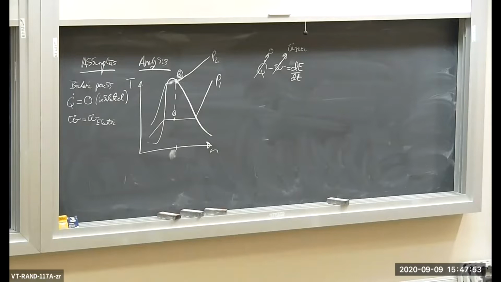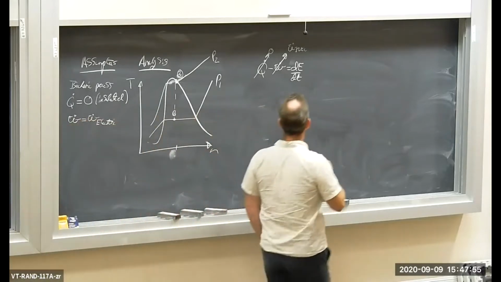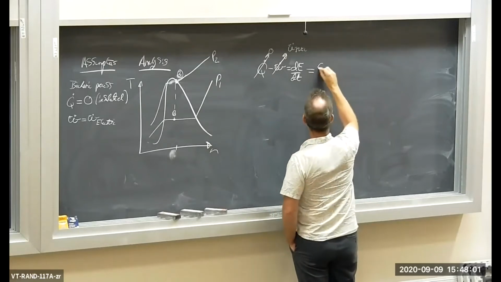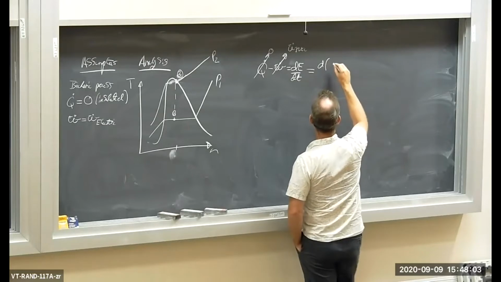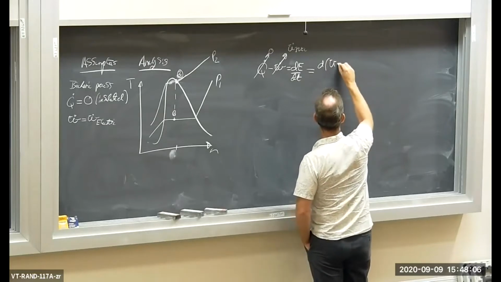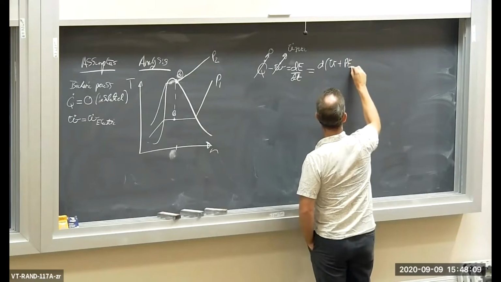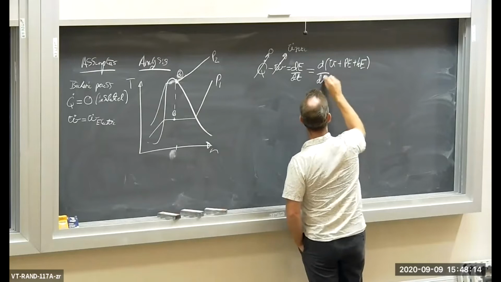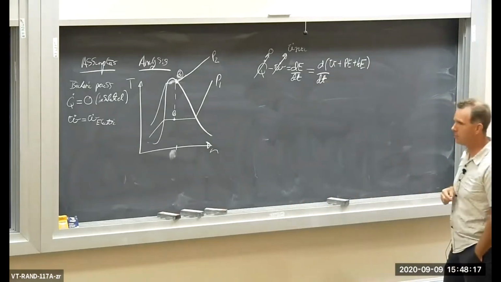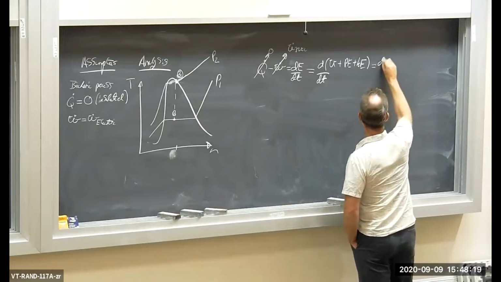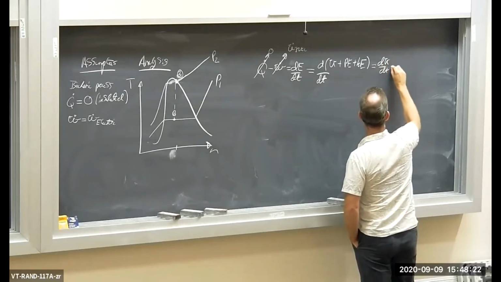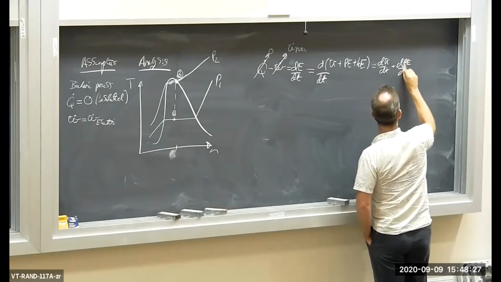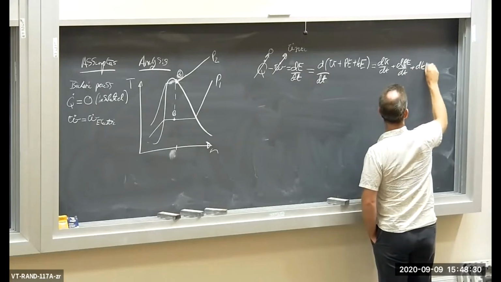Now, total energy is U plus PE plus KE. So this dE dt is the change in internal energy plus the change in potential energy plus the change in kinetic energy of the system. Okay? And of course, you can take these derivatives and you get dU dt plus dPE dt plus dKE dt.